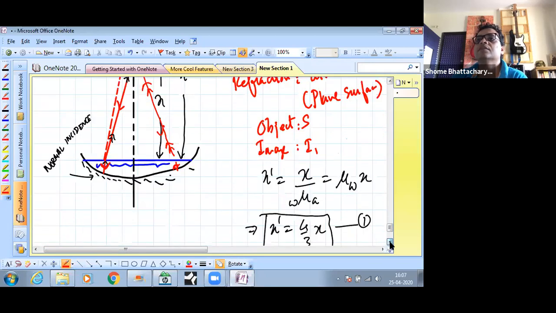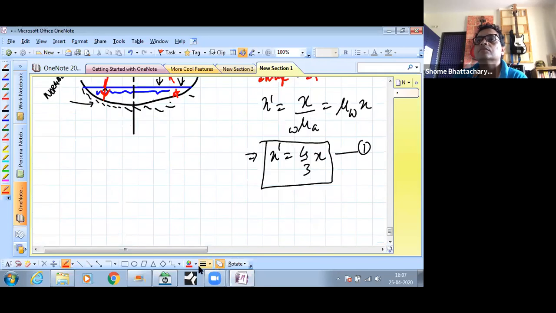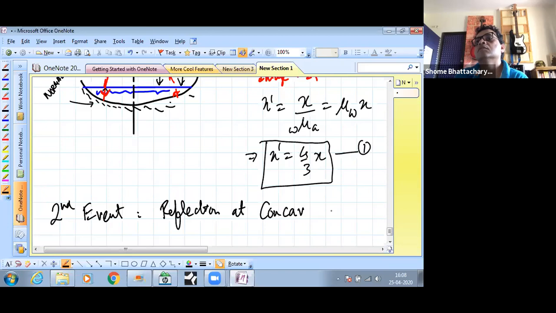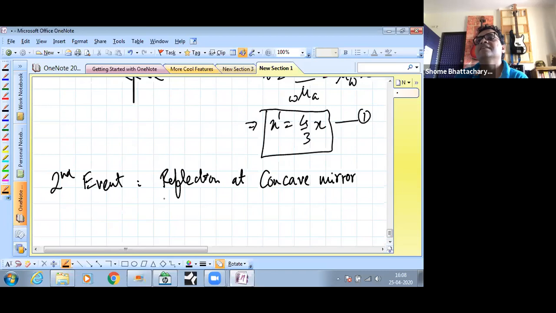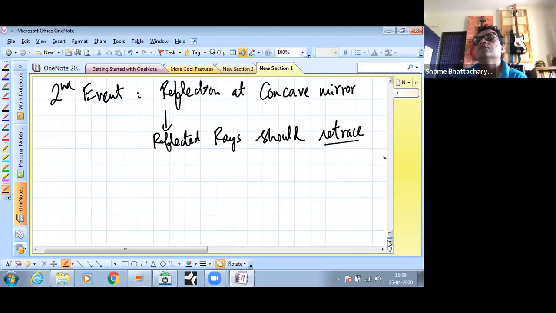So for the second event, which is reflection at the concave mirror, the reflected rays should retrace the path of the incident rays.